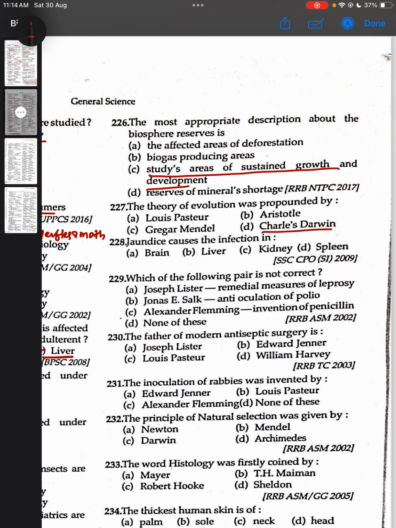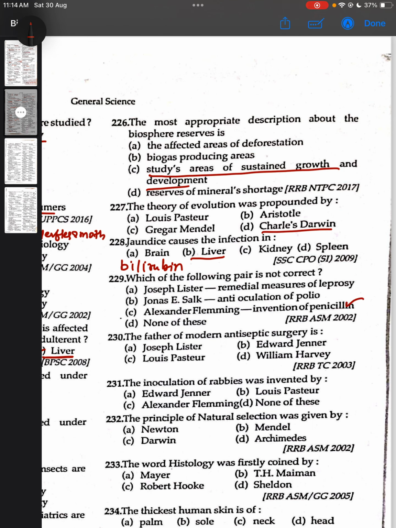Jaundice causes infection in the liver. In jaundice, the amount of bilirubin increases in the liver. Which of the following pairs is not correct? I think Alexander Fleming invention of penicillin, this is correct.